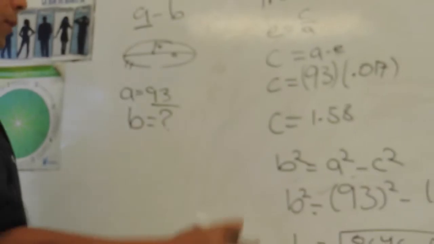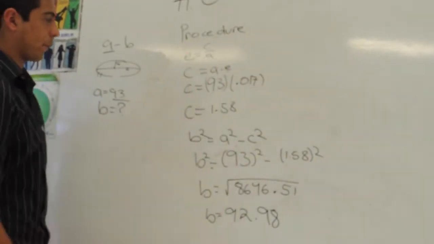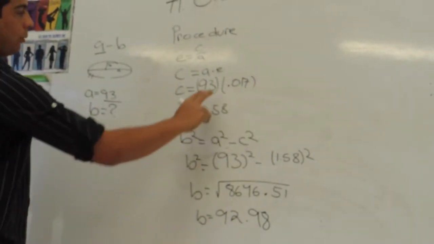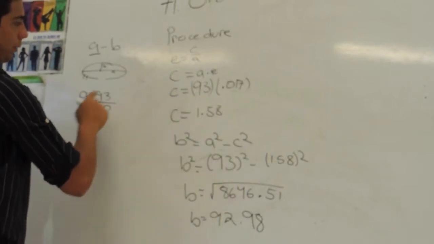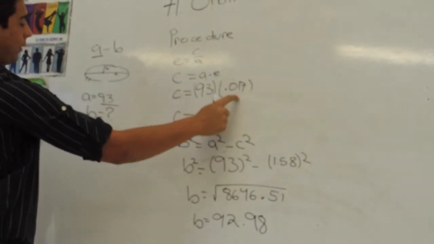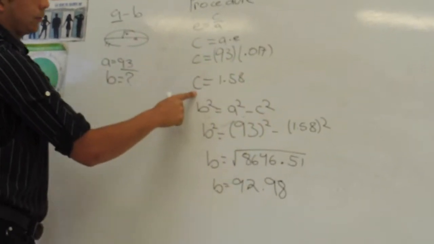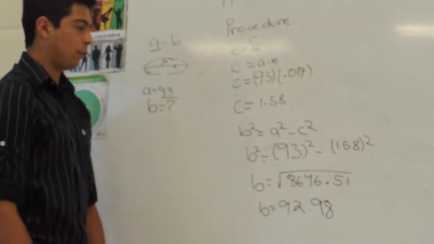And with the formula of eccentricity, we can get B. So we start, e is equal to c over a. c is equal to a times e. We substitute 93, that is a, and 0.017, the eccentricity, and that will be equal to c. c is equal to 1.58.